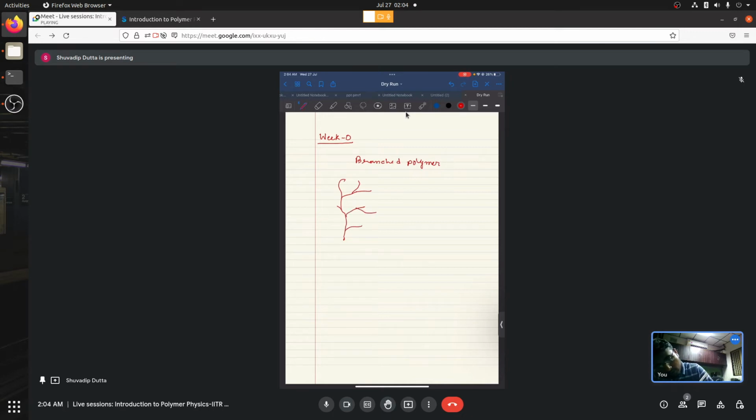So this kind of polymer, if you see, this is a branched polymer. Now what happens if it is a branched polymer, then due to these side chains it cannot be a very compact assembly of monomers, because there will be steric hindrance appearing from these side chains.